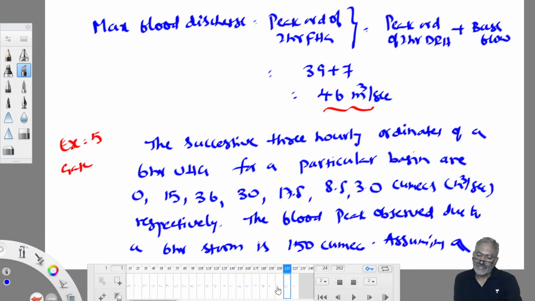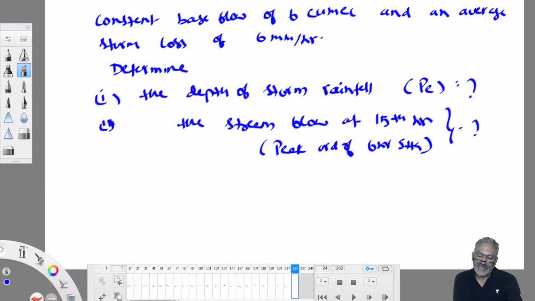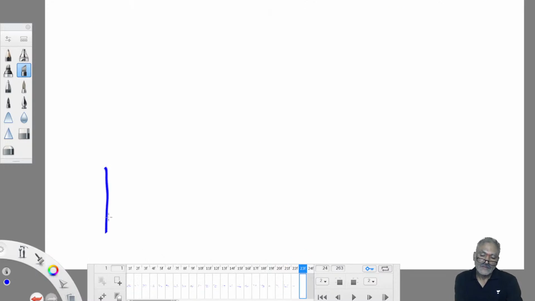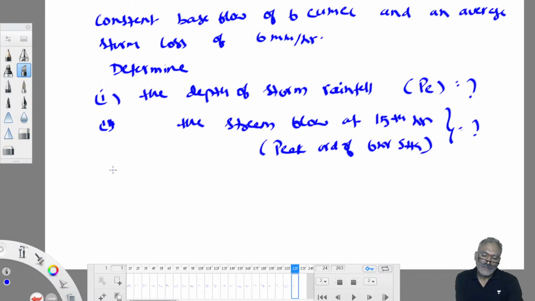So I'll explain to you, listen now. He has given ordinates of the unit hydrograph. The first one is 0, the last one also 0.